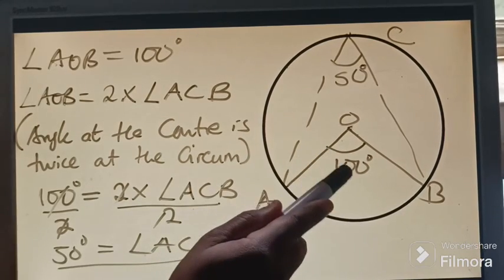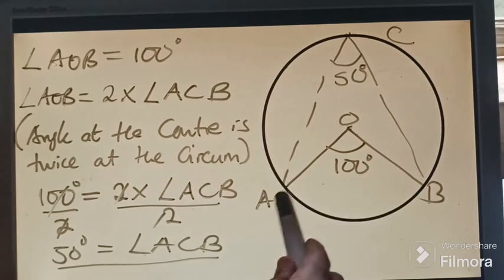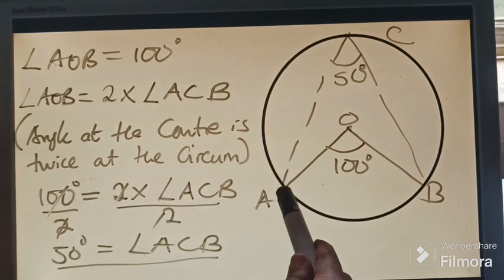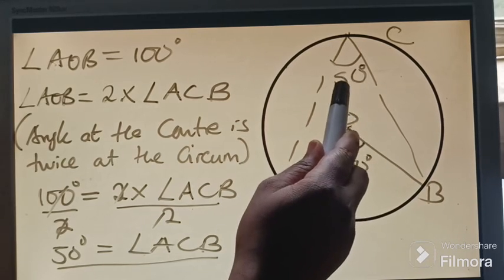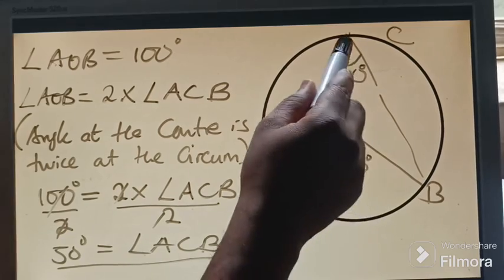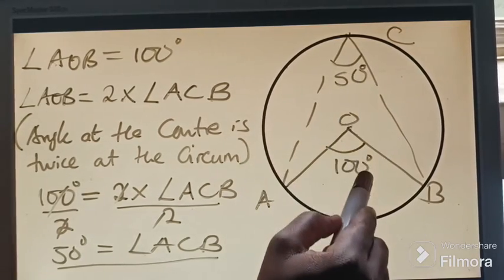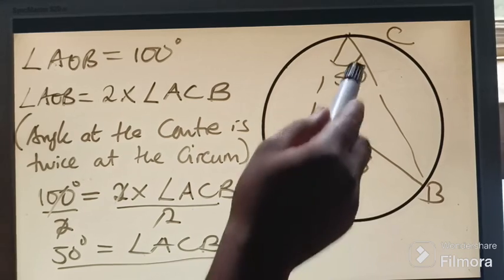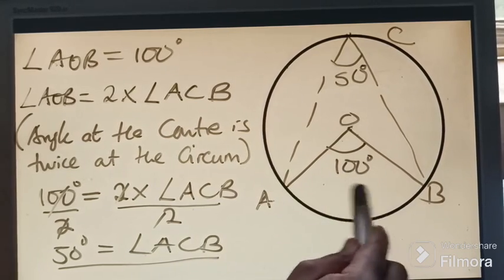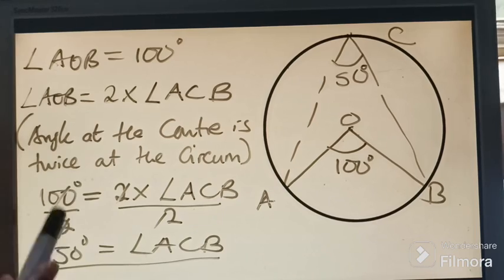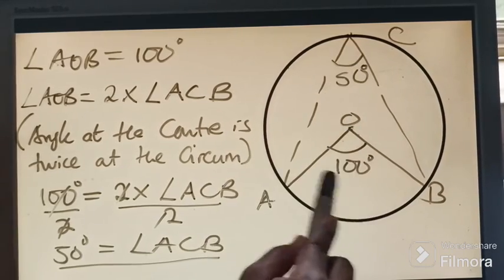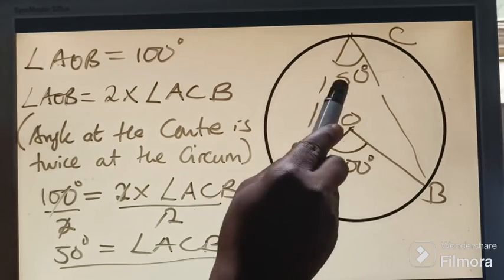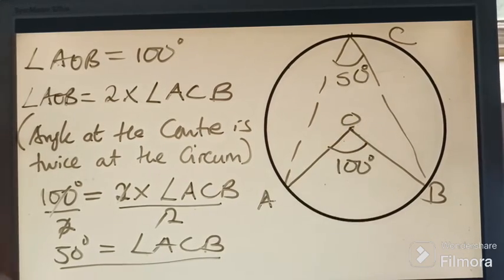The angle at the center, coming from the same points, is twice the angle at the circumference. If you are given the angle at the center, you can just divide by 2 like what we have done here.